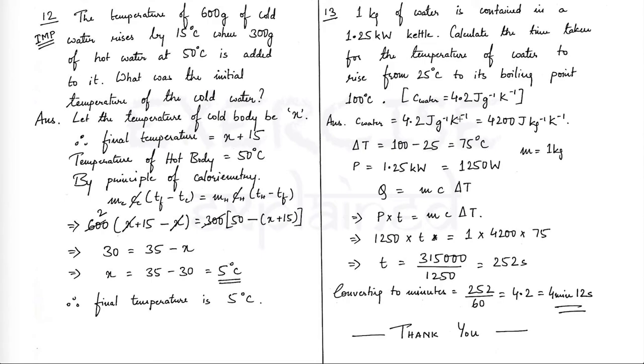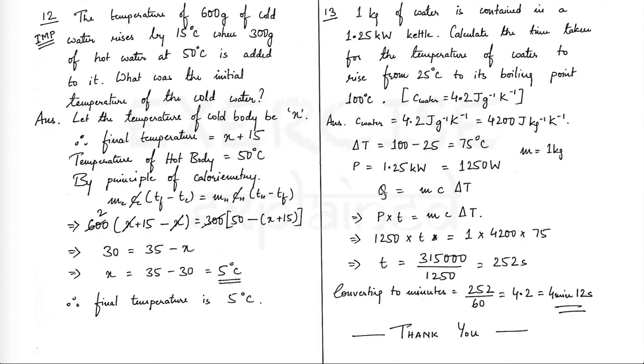And if you are converting from joules per kg per Kelvin to joules per gram per Kelvin, you have to divide by 1000. Delta T, that is the change in temperature, is 100 minus 25, that is final temperature minus initial temperature. So that gives me 75 degrees Celsius. Mass is 1 kg as it is given in the question. Power is 1.25 kilowatt, that is we multiply by 1000, we get it as 1250 watt.